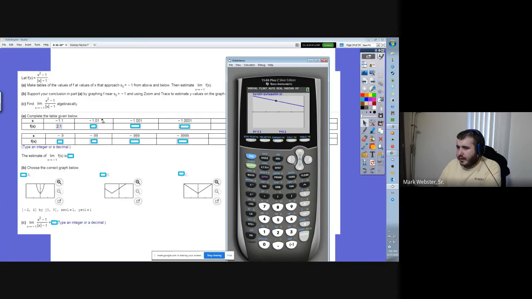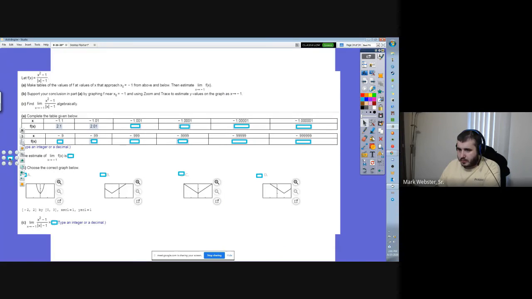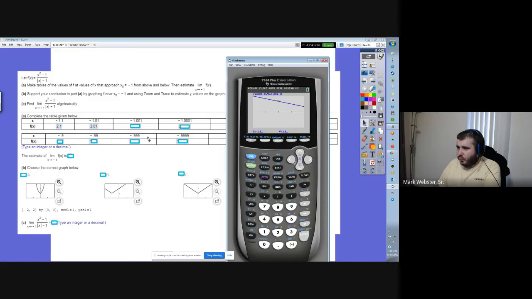Let's do -1.01. We're getting closer and closer to -1, just to see what happens. I'm going to type in -1.01 for x. Now my y is getting even closer to a certain number. Let's do -1.001.